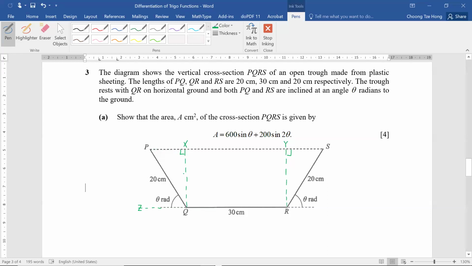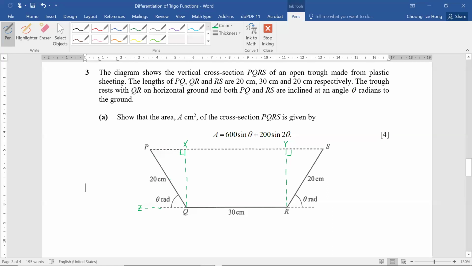So let's go about trying to find PX and QX, the base of the triangle as well as the height of the triangle. Inside this triangle, we only know a 90 degree, but do we know any other angles? You should be able to see that we have alternate angles with angle PQZ.